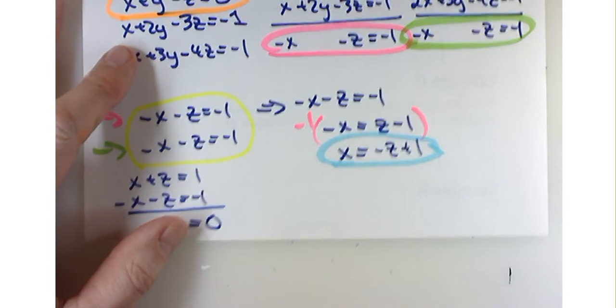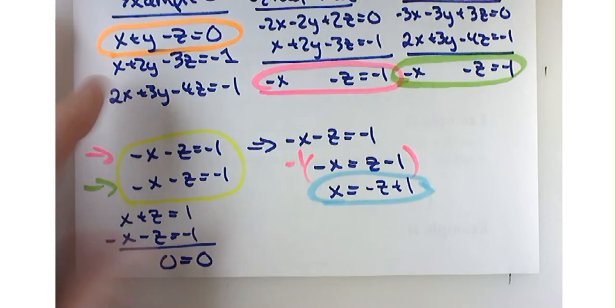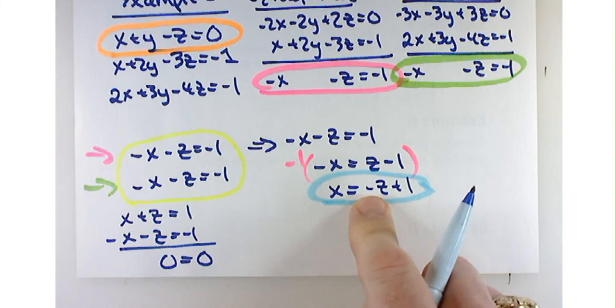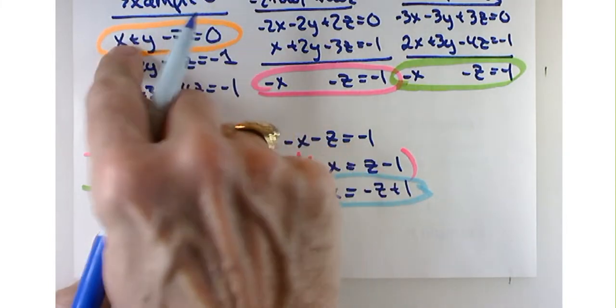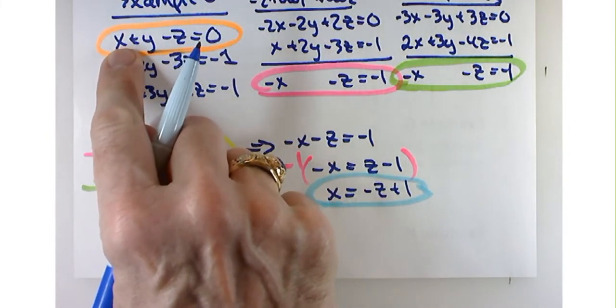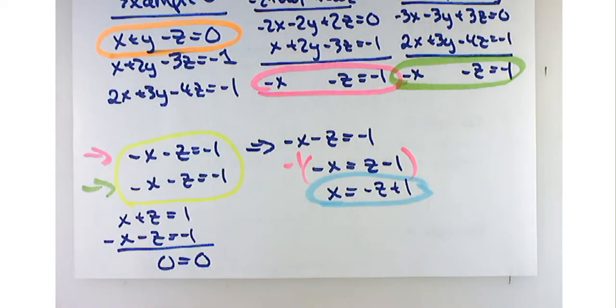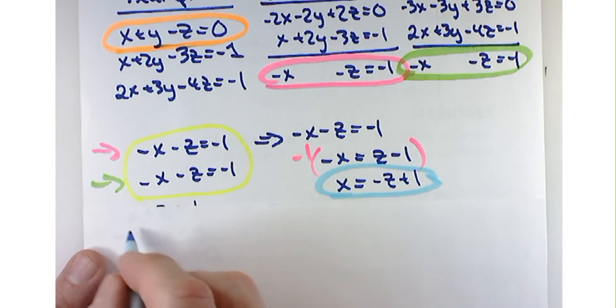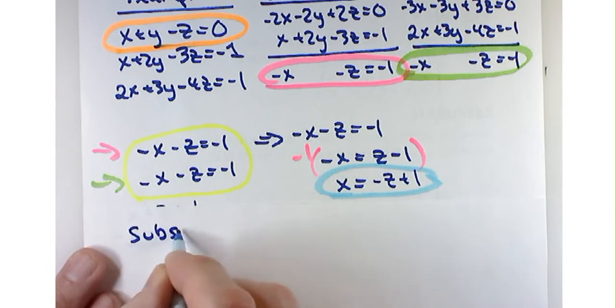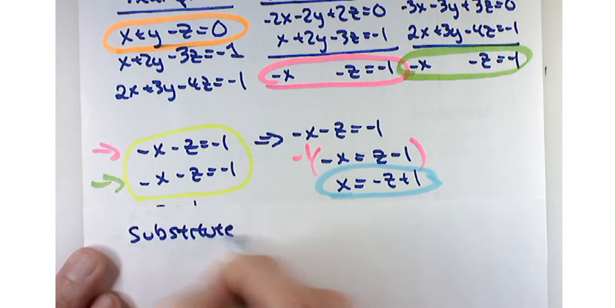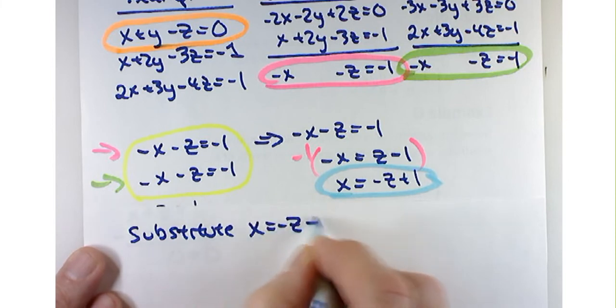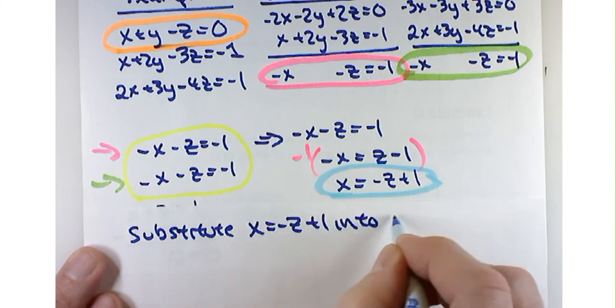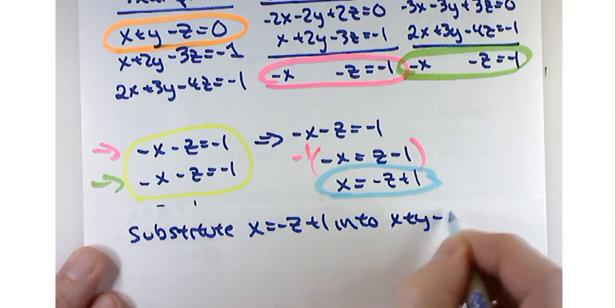I got to figure out what's going on with y. So I'm going to take this and plug it back up here and solve for y. So let's do that. In fact, I'm going to do that on another sheet. I don't want to get too messy here so that we can't see what's going on. So I'm going to substitute x equal negative z plus 1 into x plus y minus z equals 0.